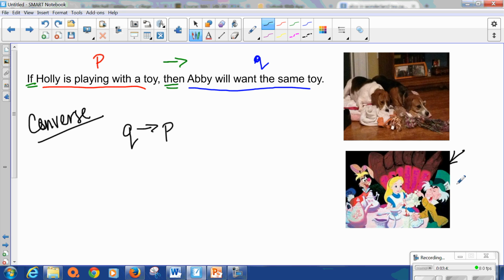During the tea party, the Mad Hatter says to Alice, do you say what you mean, or do you mean what you say? And Alice says, well, they're the same thing. And he says, no, it's not. If that were the case, I breathe when I sleep would be the same as I sleep when I breathe. And then the dormouse, who is probably in here allegedly sleeping, pipes up and says, well, that's true for me. Of course, in the book, he is not sleeping, but for the kids, we say that's what's going on with him.